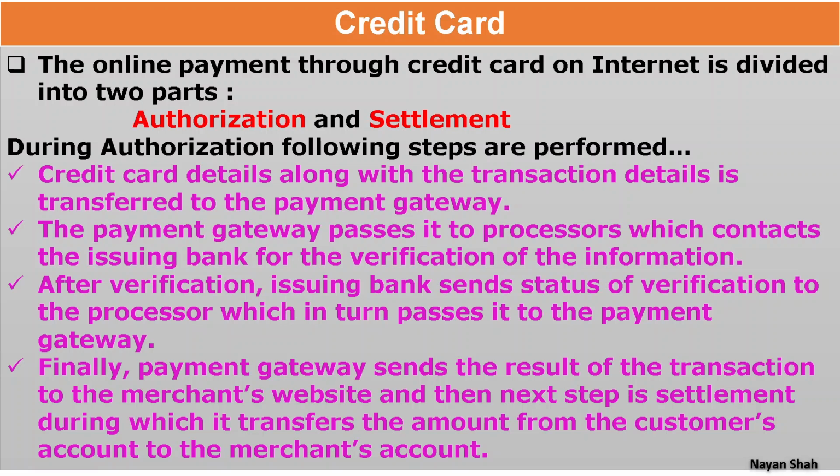During settlement, the amount is transferred from the customer account to the merchant's account, but that happens after certain days because we are getting a credit limit. So maybe after 10 days or 15 days or 20 days or whatever you have set with the bank.